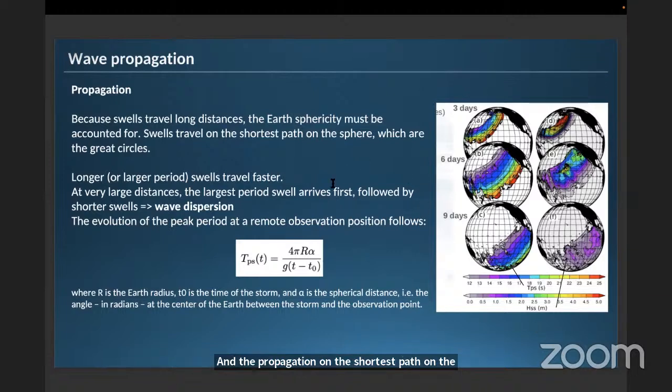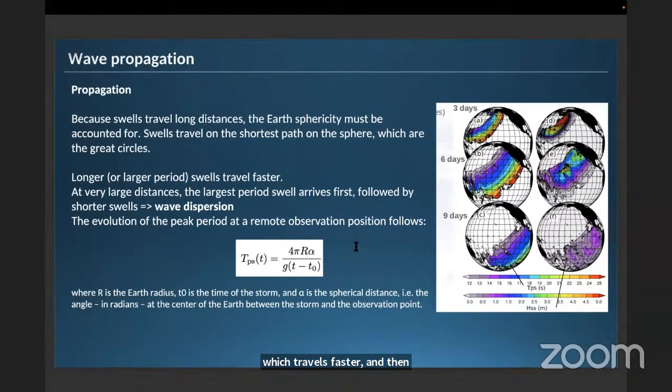And as I said, in deep water, waves are dispersive, so different wave components won't travel at the same speed. That's what is illustrated on the right-hand side plot: the shorter waves will travel slower than the longer waves, which travel faster and reach a given position earlier.